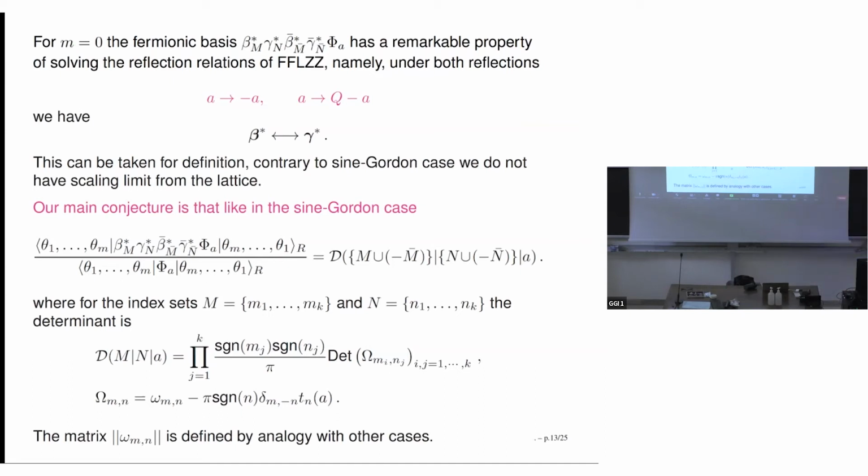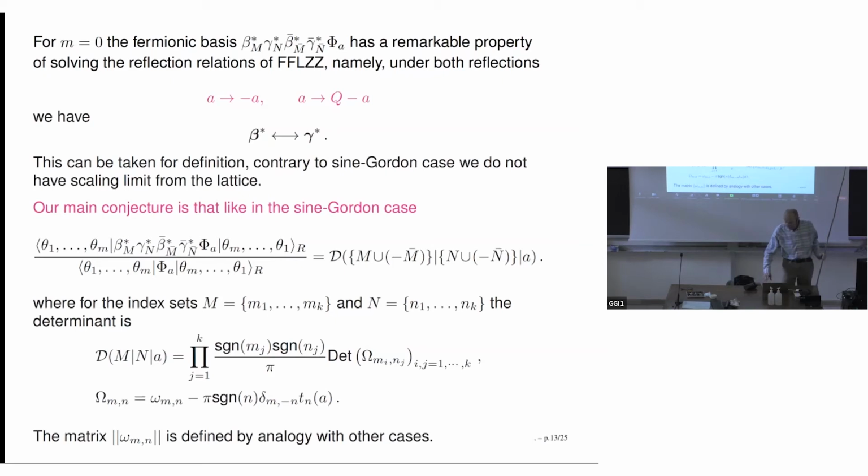Then, in addition to the Virasoro basis, there is another basis for which the one-point functions are easy to compute already for the interacting, massive model. They are given by determinants of some matrix. So my next step is to describe this matrix.